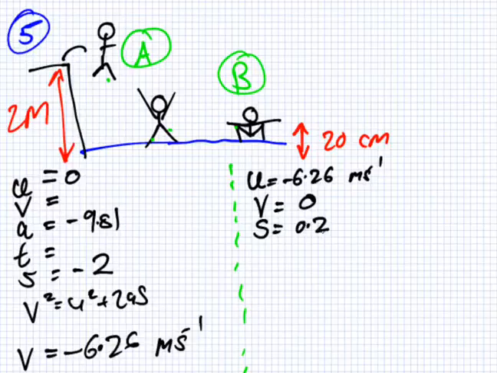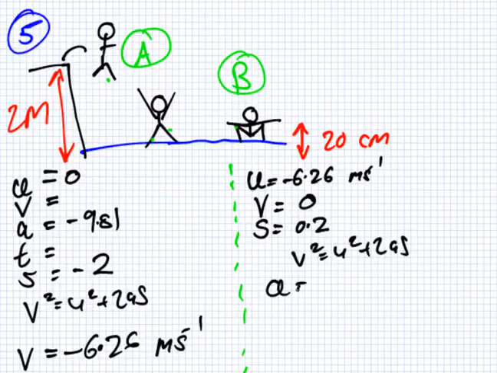So this distance here is 20 centimeters, and the height he jumps from is 2 meters. So we have to break this problem up into 2 halves. First, part A, when he's falling, and then part B, when he's landing. A is from here to here, and B is from here to here.